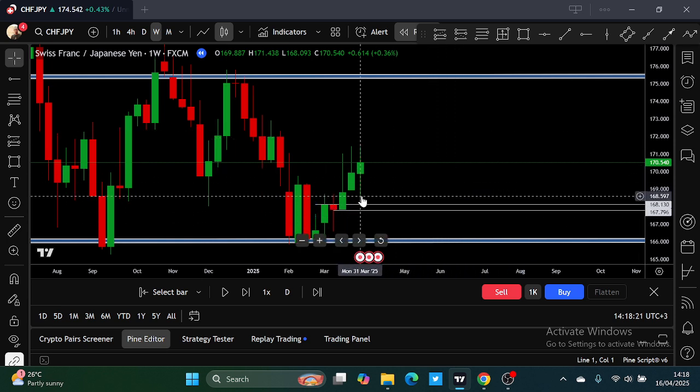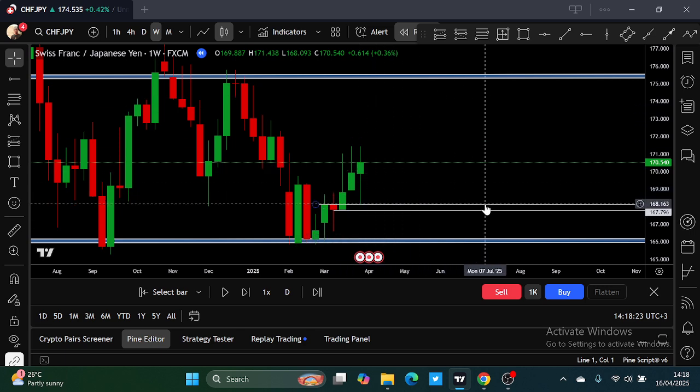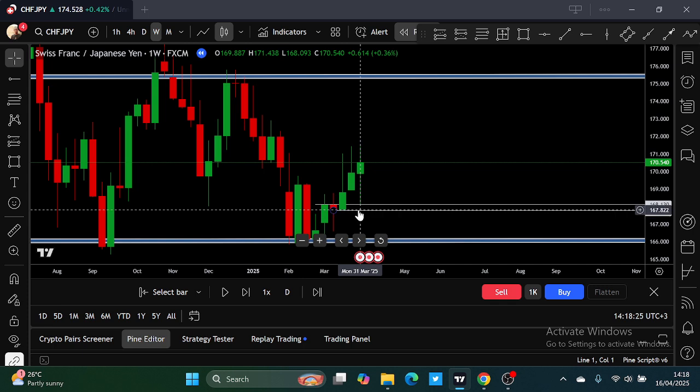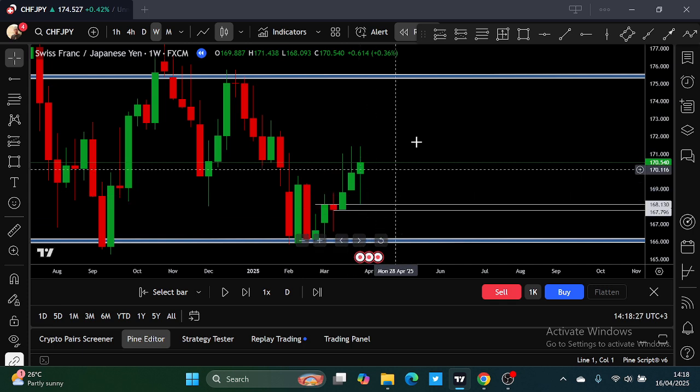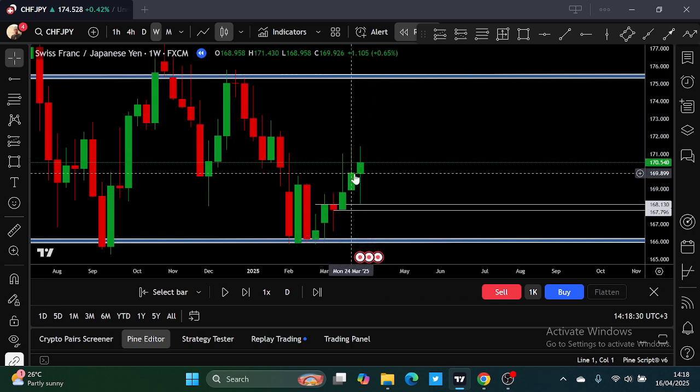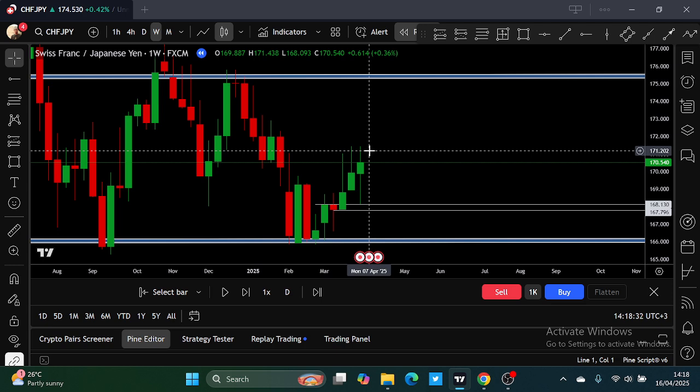We want this candle here to close as a rejection on this price level here. When it closes as a rejection on this price level, we go to the daily, because this is the weekly, we go to one time frame below. We are going to the daily to anticipate a bullish breakout or a bullish storyline. You get the point?